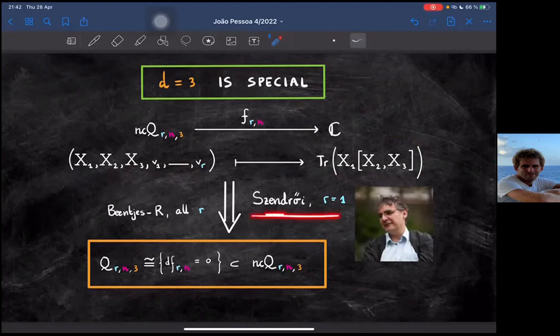It was proved by Balázs Szendrői for R equals 1, and his proof got improved by Behrend, Bryan, and myself for every rank.